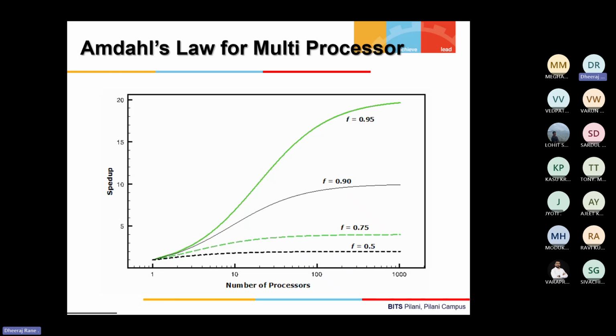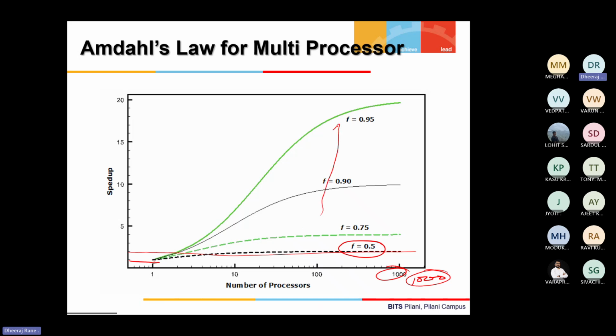These are some of the derivations that you can have when f is small. It is not putting any impact even when we increase the number of processes to 1,000, right? So you can have a look. Even if you increase it to 1,000, there will not be much of the impact, because from 1 it has reached only to 2, right? Means only double the speed, but even if you increase it further, it is not putting much of the impact.